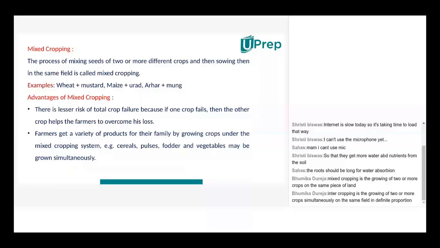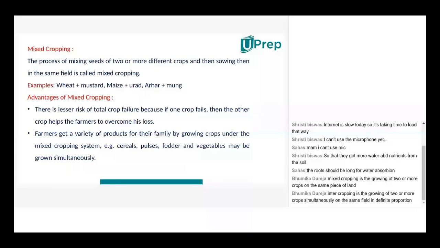Yes, ma'am. The process of mixing seeds of two or more different crops and then sowing them in the same field is called mixed cropping. For example, wheat plus mustard, maize plus urad, arhar plus moong.